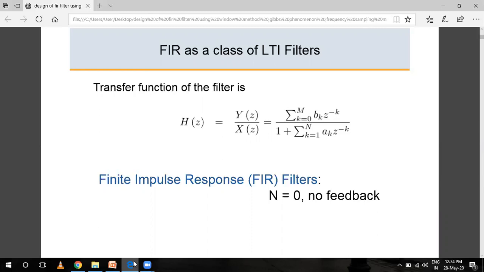Basically, there is one method or technique, that is the window technique, for designing the FIR filter. Out of that window technique, there are the Hanning window, Hamming window, rectangular window, and Kaiser window.